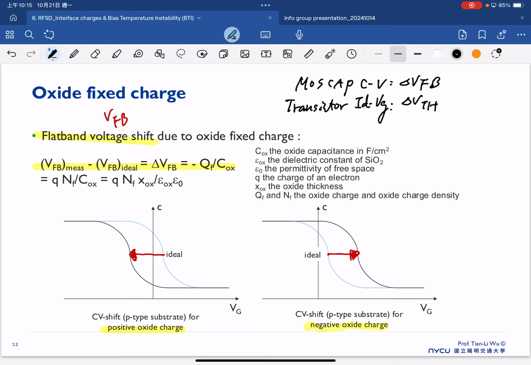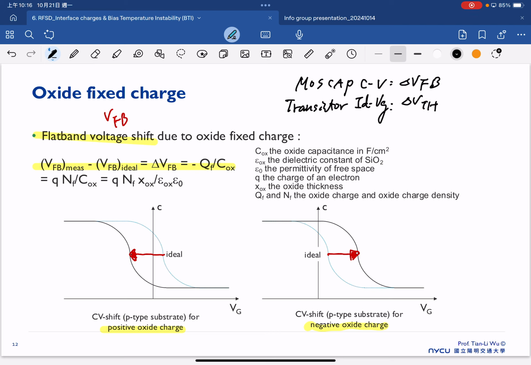So I think these two terms are almost equal to each other. Of course, the absolute quantity might not be the same, but the shift tells us the same meaning. Wherever you have a positive flat band voltage shift, you always have a positive threshold voltage shift. If you have a smaller VFB shift, you always have a smaller threshold voltage shift.